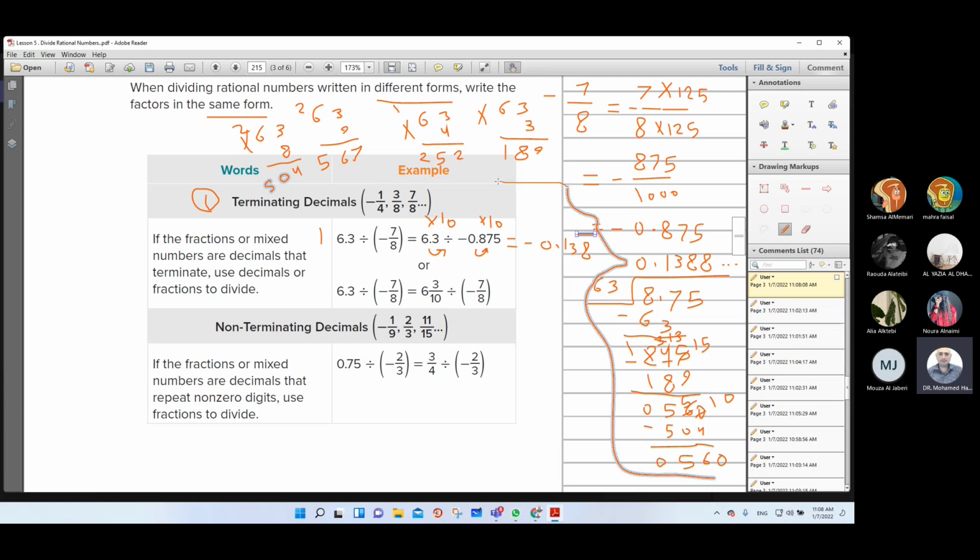In the second case, we can keep the fraction and we can change the decimal, at first to the mixed number, then to the fraction.